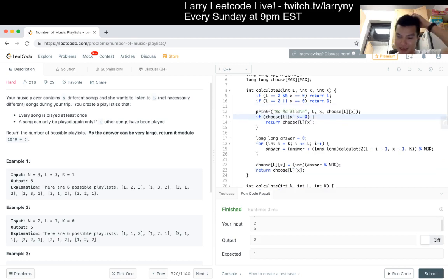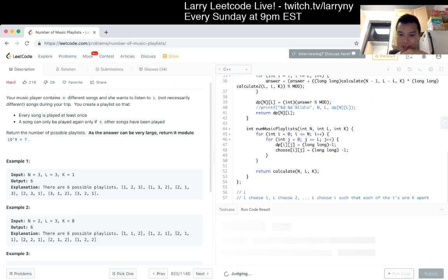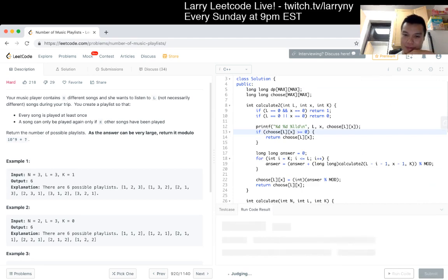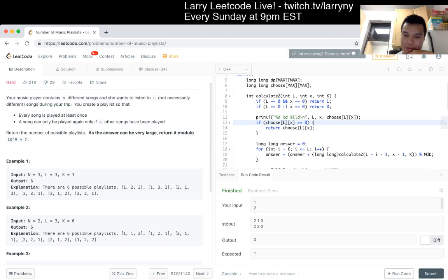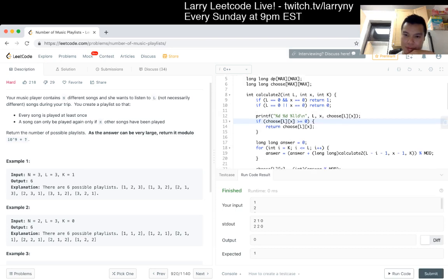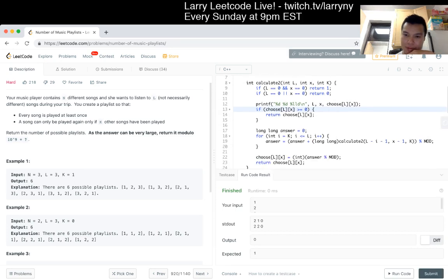Do we cache something silly? Oh my god. So why is 2, 1 over?